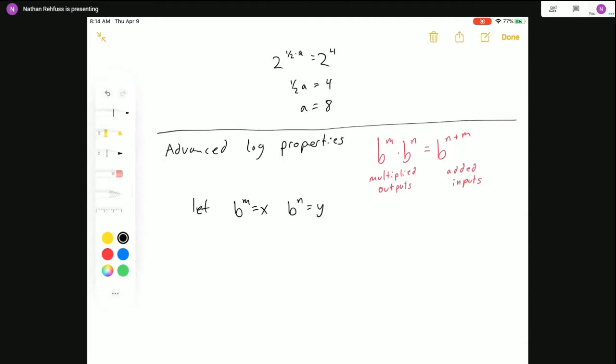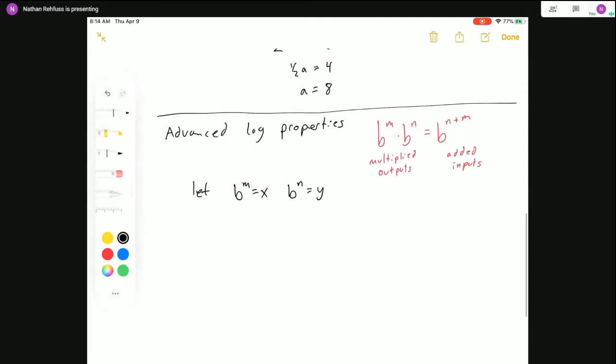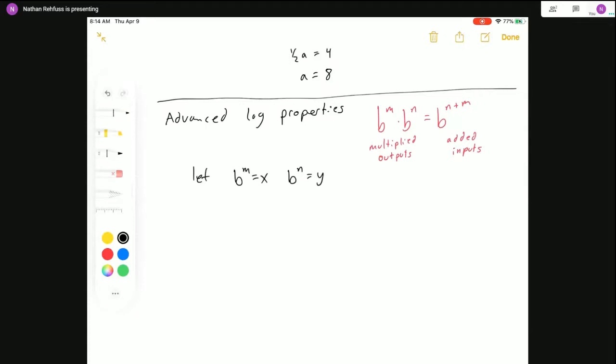So I have these 2, and we're going to let this be our starting point for all of these proofs. And I can rewrite these in log form. This means that log base b of x must be m. This means that log base b of y must be n.